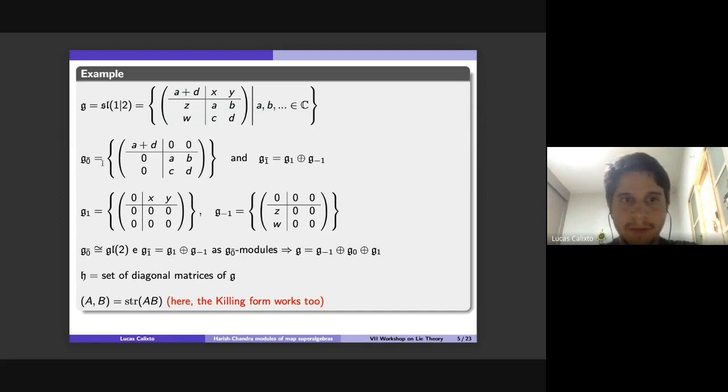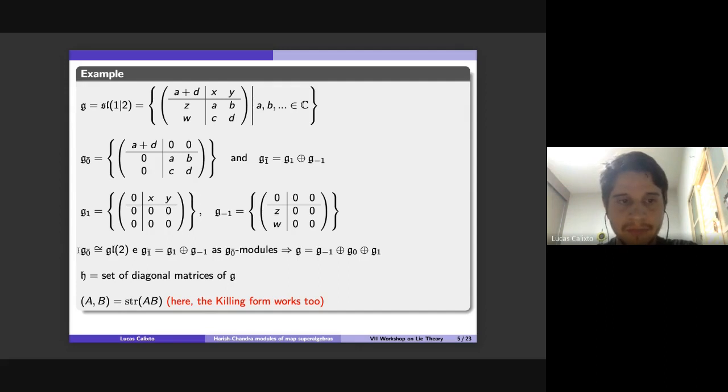Okay, so the even part is going to be this kind of matrices here, with 0 on the upper and lower triangular parts, and the odd part is going to be the direct sum of G1 and G minus 1, where G1 is matrices like this and G minus 1 is matrices like this. There is a reason for me to write G1 bar as the sum: I'm going to look at the structure of the G0 module over G1 bar, as I said in the previous slide.